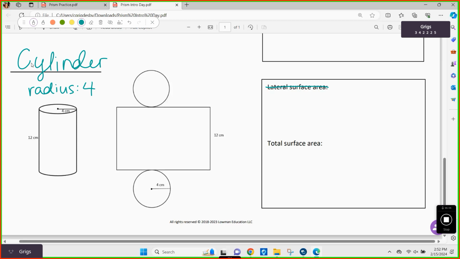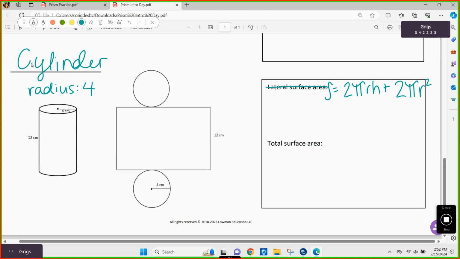What's the lateral? 2 times pi times r times h. Okay, 2 pi r h. So that's the lateral. What's the total? 2 pi r h plus 2 pi r squared. So within finding the total, does it have the lateral? Yes. So 2 pi r h plus 2 pi r squared. There we go.